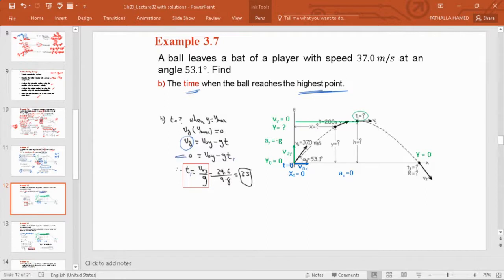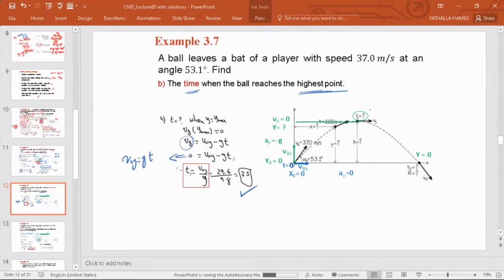So you can rewrite this equation. You will say that V0y will equal gt, because you can take this to the other side. Now you're interested in t. So your t will equal V0y over g. And the V0y, which is 29.6, over 9.8, gives you 3 seconds.